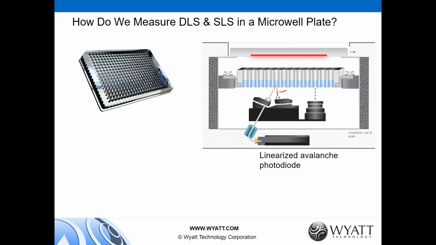Now, most common avalanche photodiodes are great for the rapid high-speed measurements that are needed to make dynamic light scattering analyses, but they usually don't have the linearity that's needed to make an effective static light scattering measurement. So in the Plate Reader 3, we've introduced a new linearized avalanche photodiode, which has an extended range for linearity and helps us get accurate molecular weights over a pretty good range.